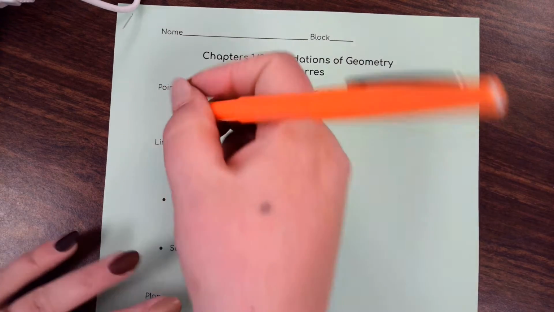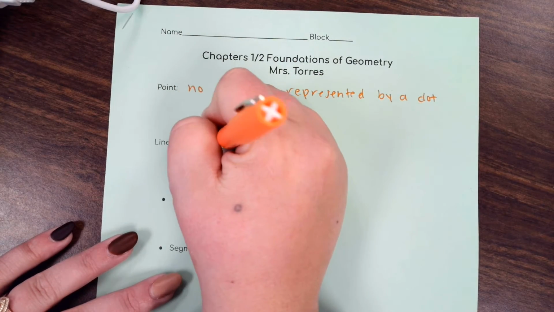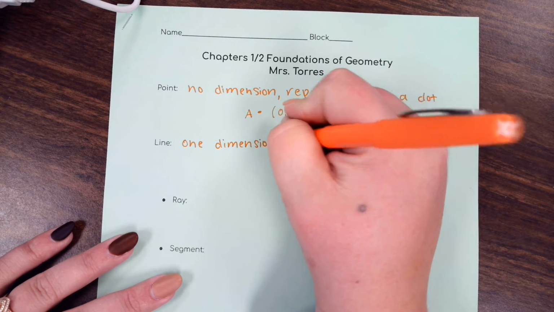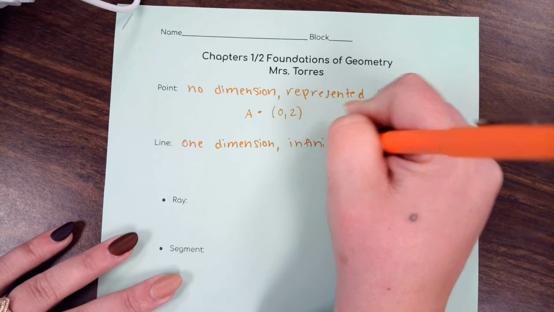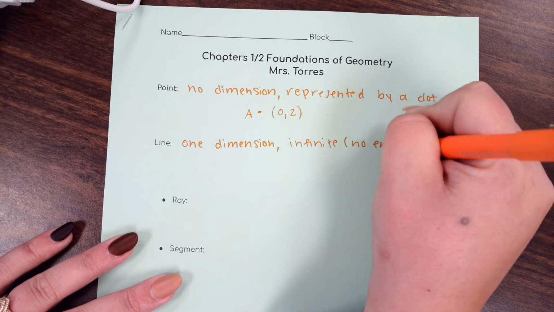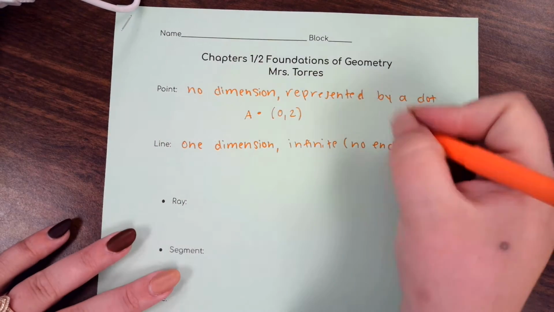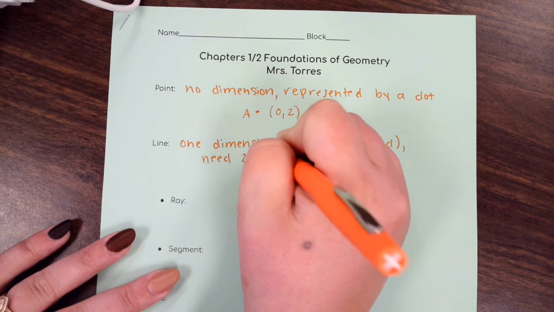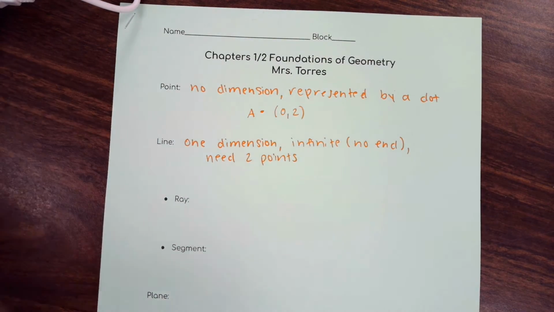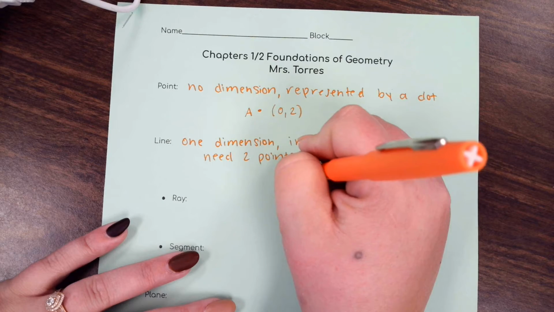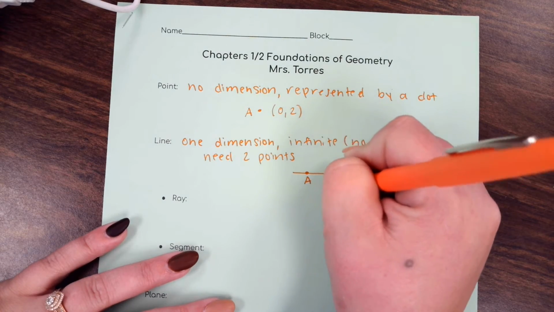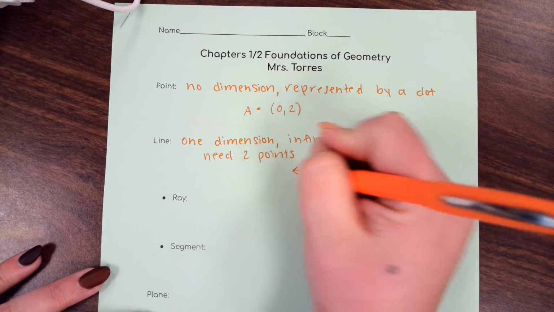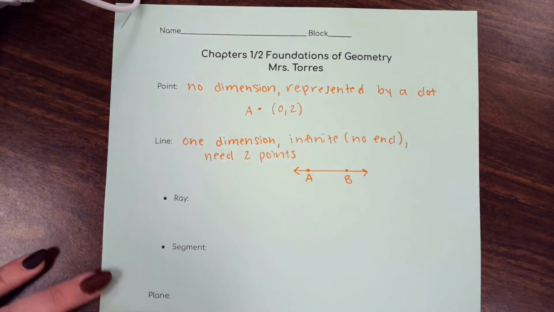The second definition here is line. Lines have one dimension. They are infinite, which means there's no end. They go on forever. And you need 2 points to identify a line. So if I draw a line here, A and B, to represent it being infinite or having no end, we're going to put arrows on either side.